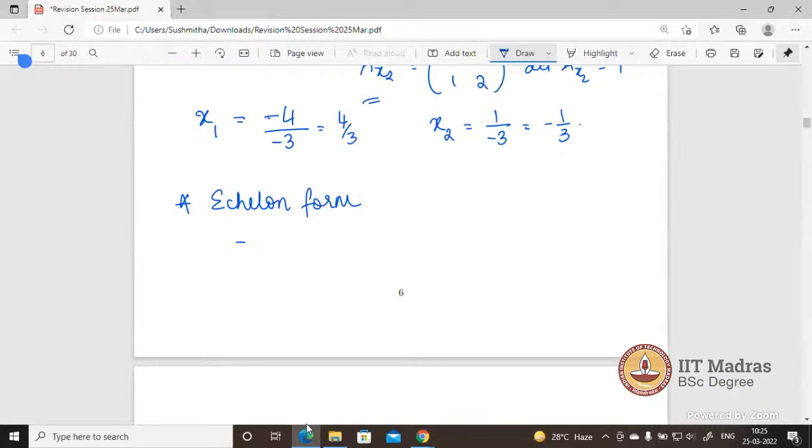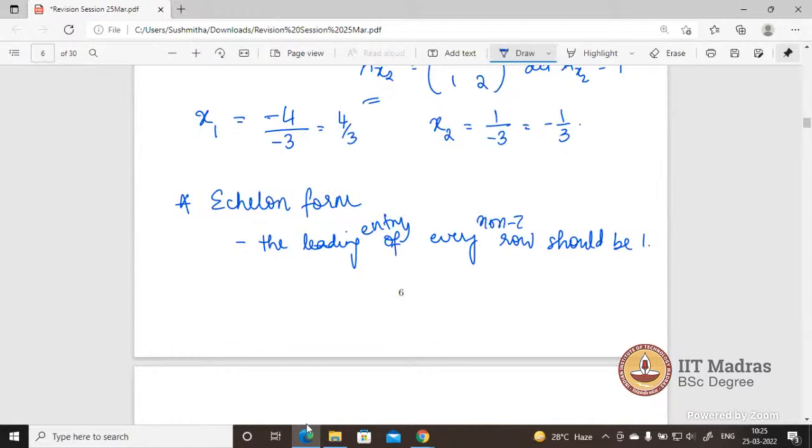Yeah, that's it. So the first condition is that the leading entry of every row should be 1. What do you mean by leading entry? The first non-zero element of that row is the leading entry.